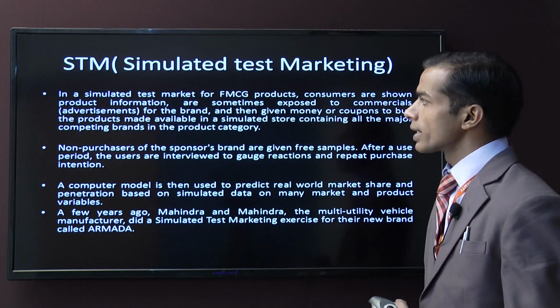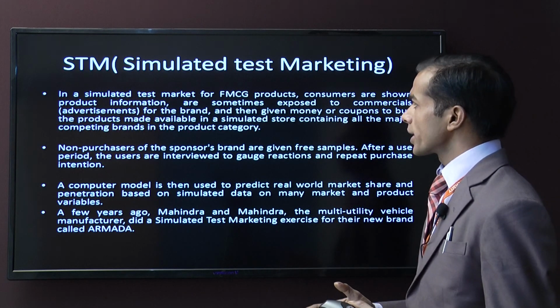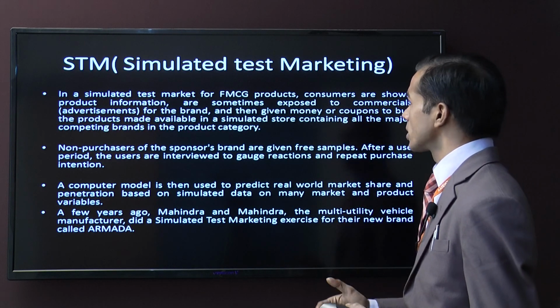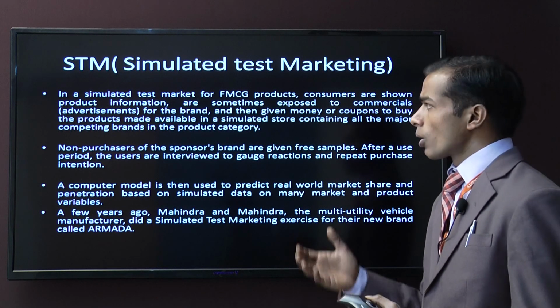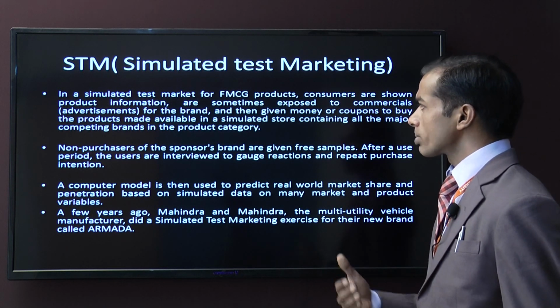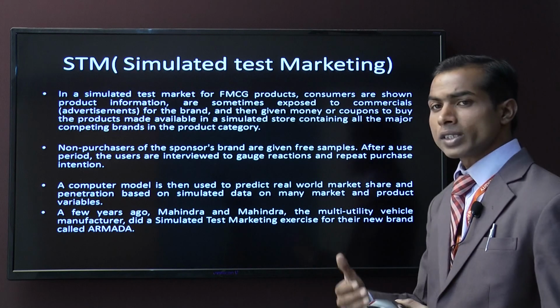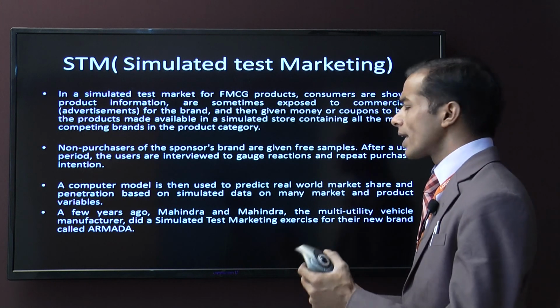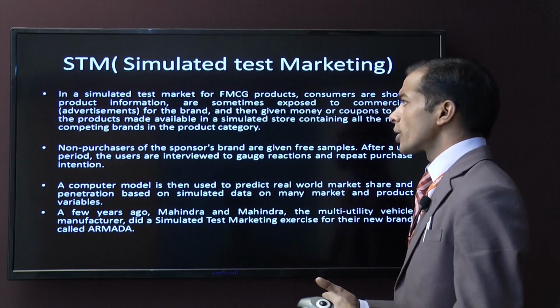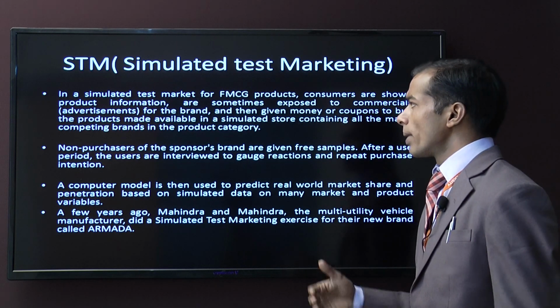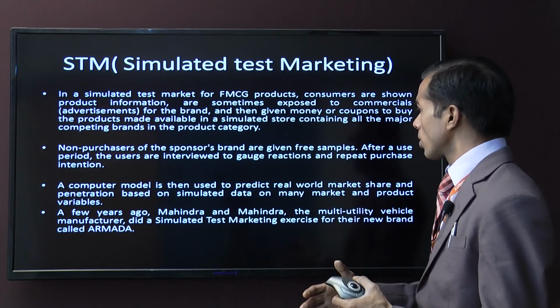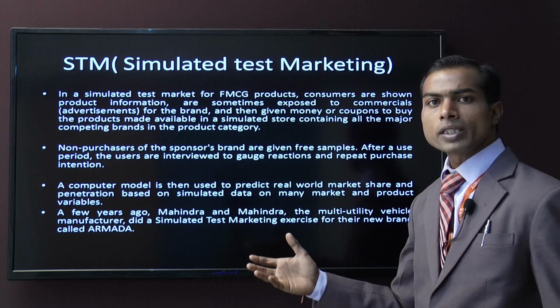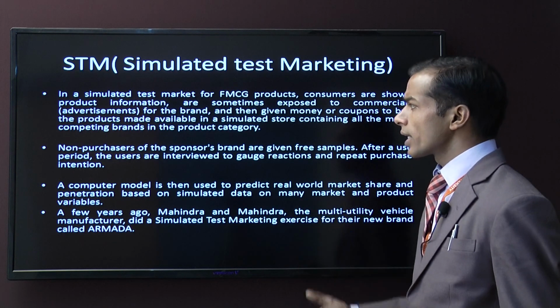Simulated test marketing. In a simulated test marketing for FMCG products, consumers are shown product information or sometimes exposed to advertisement for the brand and then given money or coupons to buy the products, made available in a simulated store containing all the major competitors' brands in the product category.